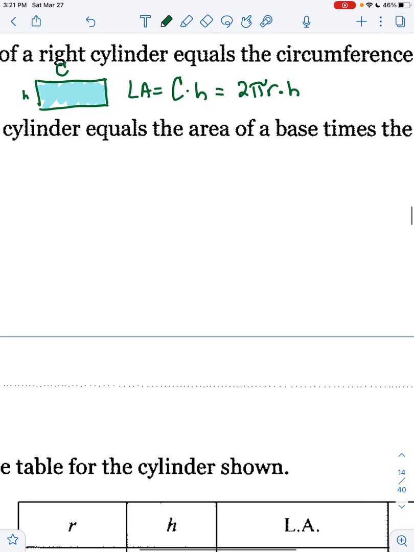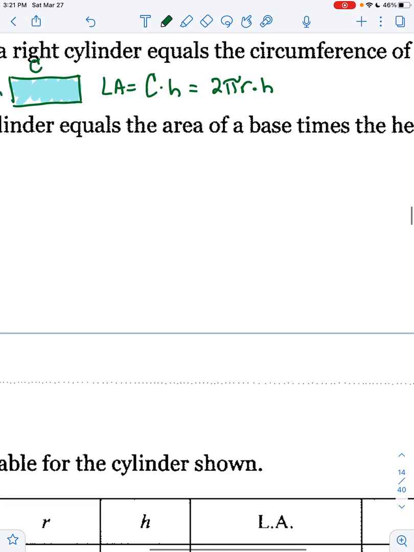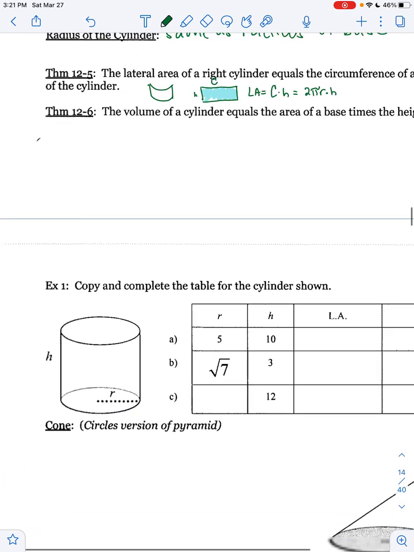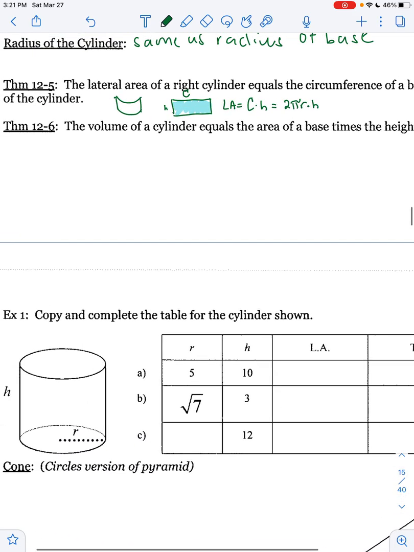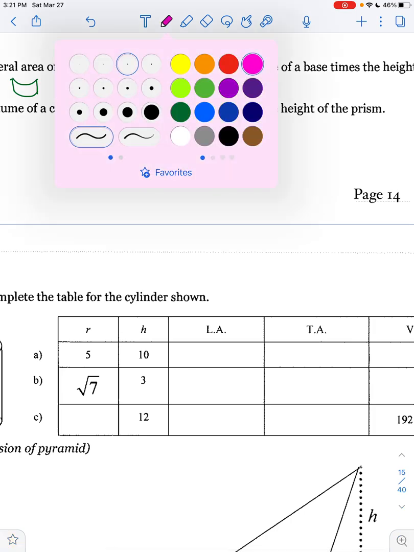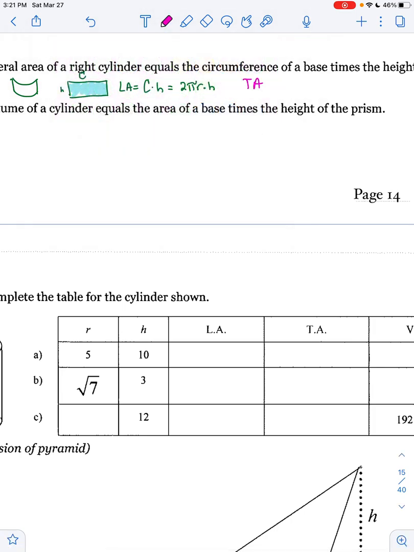Now the total area, think total area, surface area, enough to cover both the side of the cylinder and the top and the bottom, which are circles. We would have to add the bases. So for the total area, which I believe there isn't a spot there, so we're going to write it in a different color to the right of that. Total area is that of the lateral area plus the two bases.